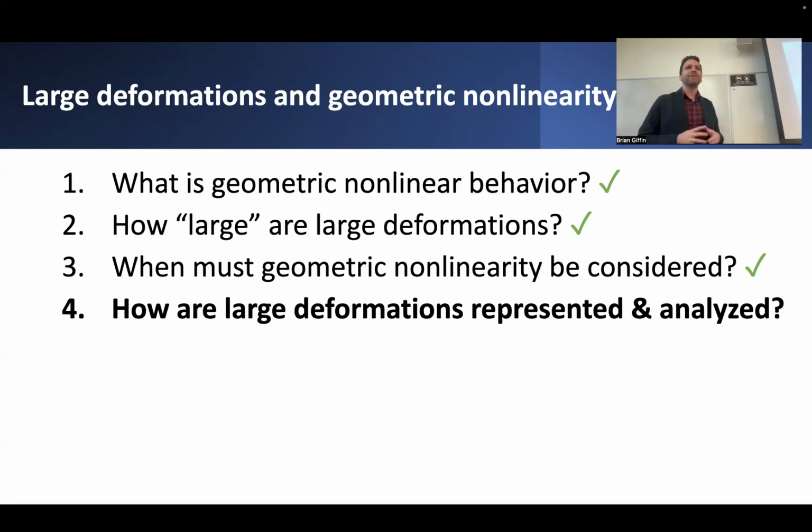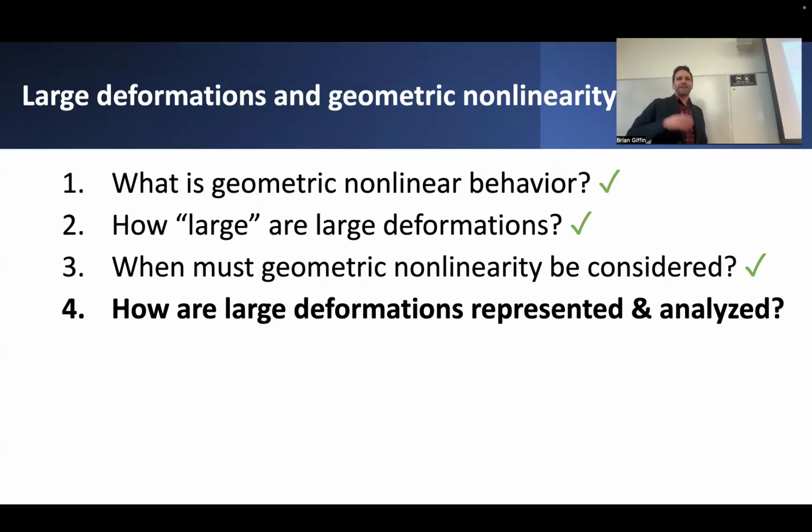And we'll explore a few different instances of instability and buckling behavior through a handful of examples in today's lecture. We discussed, when do you actually need to consider geometric nonlinearity? Typically, that's in the context of doing a stability analysis or a buckling analysis for structures, which might be required for doing design.